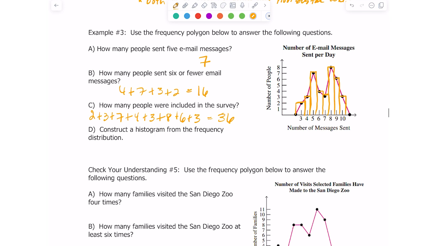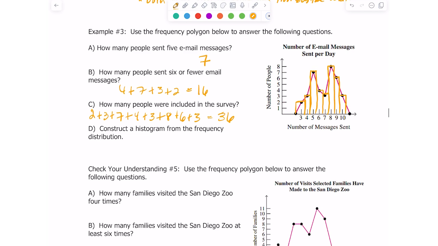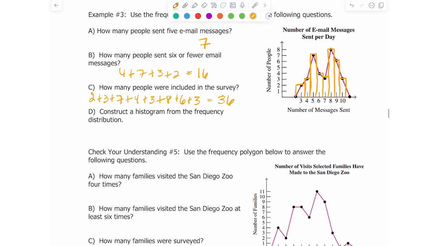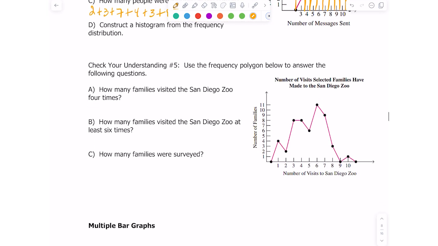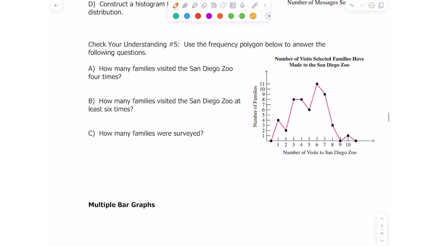And that's it. You can pause the video and try the next check understanding. Again, it's a frequency polygon and you're using it to answer the questions.